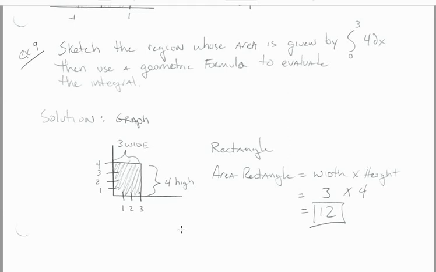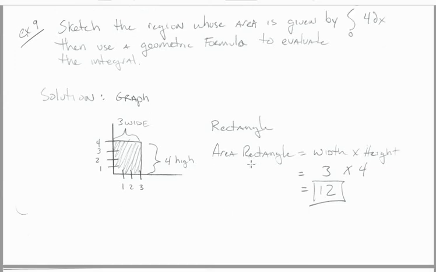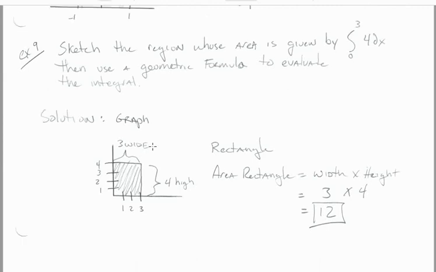So we can obviously see that we've created a rectangle here that is 3 wide by 4 high. Now we use the geometric shape to find that. We know the area of a rectangle is what? Width times height. So we just take 3 times 4 and get 12. So we're able to figure out the area for this one is just 12.